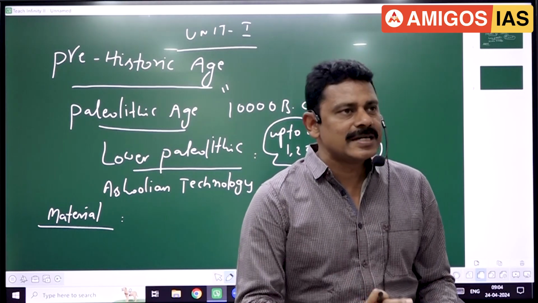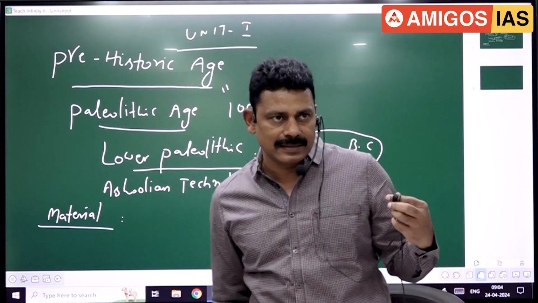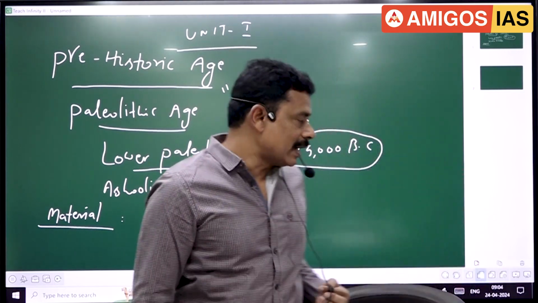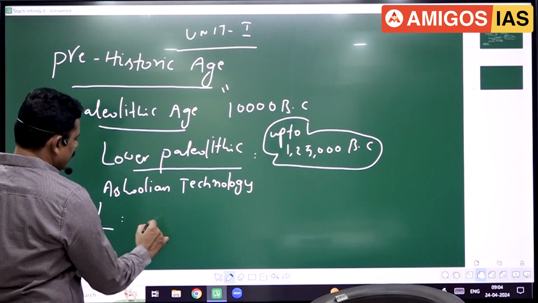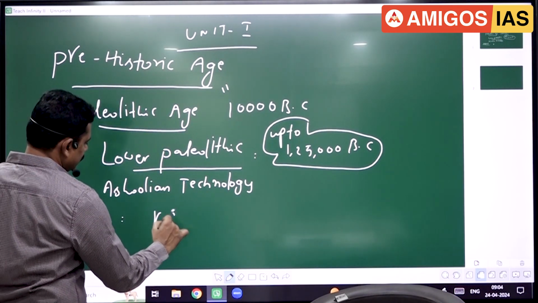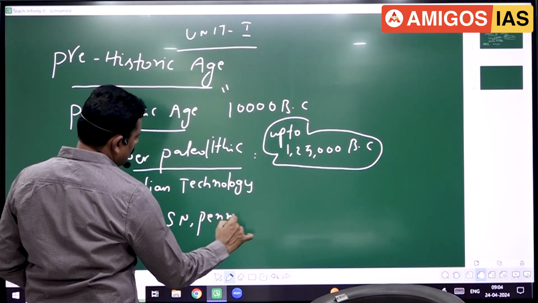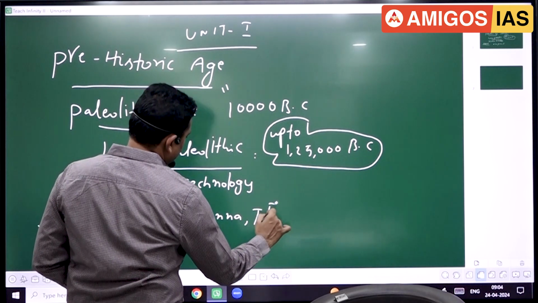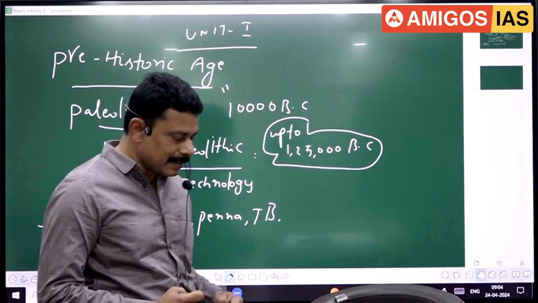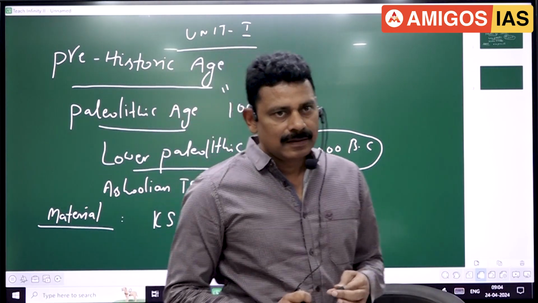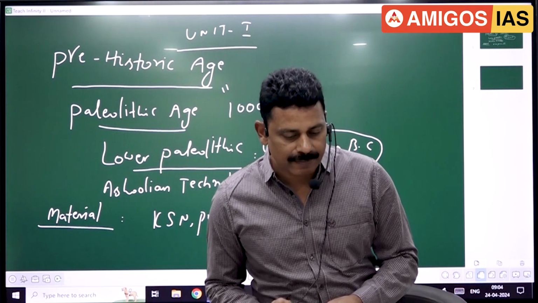The implements made of quartzite were found in some areas of modern-day Andhra, in the river belts. So in the valleys of Krishna, Tungabhadra and Penna, the tools made of quartzite have been recovered.